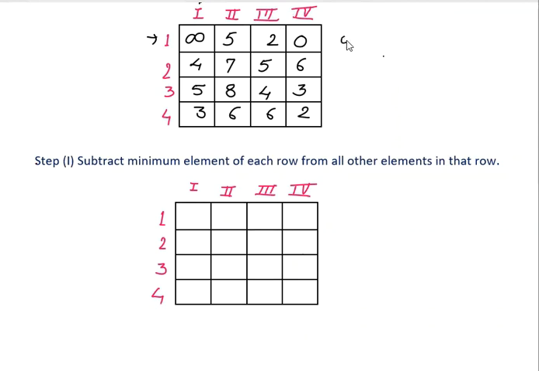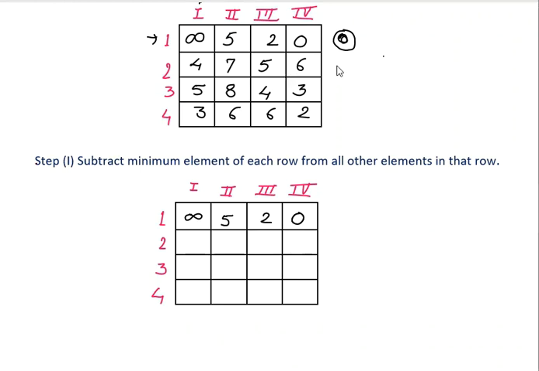It is 0. So when we subtract 0 from all the elements in the first row, it will not change. The first row entries are infinity, 5, 2, 0.